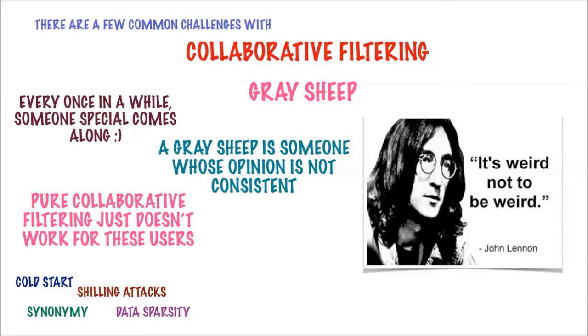And this is something that might be pretty common. Now, pure collaborative filtering somehow doesn't work with these kinds of users who are gray sheep and cannot be lumped with a group of users. For these kinds of users, content-based filtering becomes important. So once again, for gray sheep, as we talked about with the cold start problem, content-boosted collaborative filtering would help.